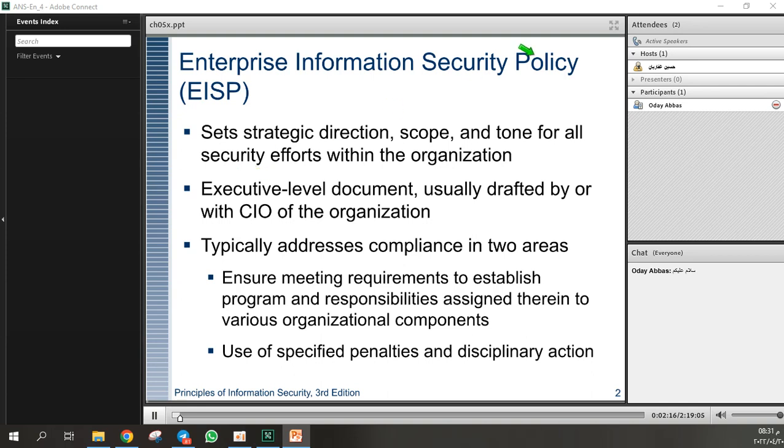And also, we know that policy is a set of rules and instructions and something like that. Okay. To apply those policies in our organization, we need some executive level documents.